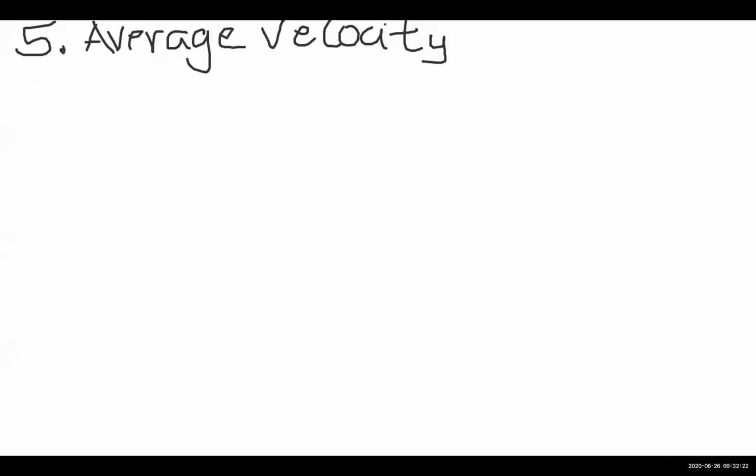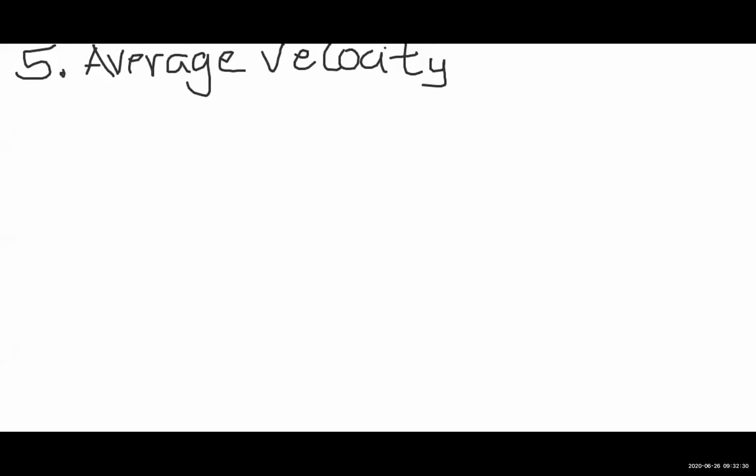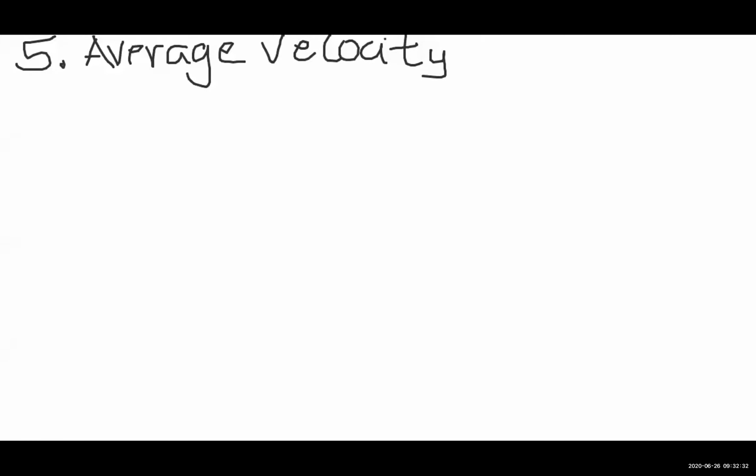So the average velocity, like I said before, is an indicator of the overall motion, right? And the definition of average velocity, you already know.